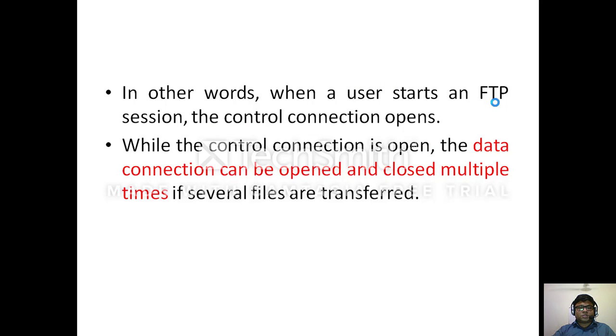In other words, when a user starts an FTP session, the control connection opens. When the control connection is open, the data connection can be opened and closed multiple times if several files are transferred. What does it mean? If we have to transfer a single file from client to server, then we may require only one control connection and one data connection.